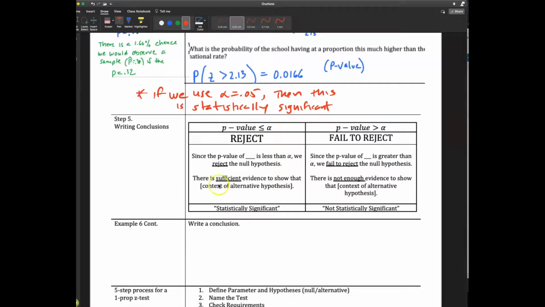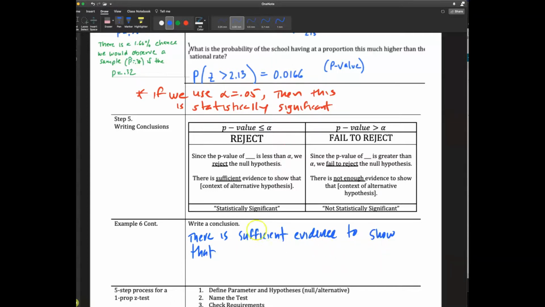And so our conclusion, this is what we would say statistically significant, but our conclusion is always a sentence that follows this form over here. And then our conclusion here would be that there is sufficient evidence, and we're using this one because our p-value is less than the 5%. There is sufficient evidence to show that, there's other ways you can word it, but it always follows this form.